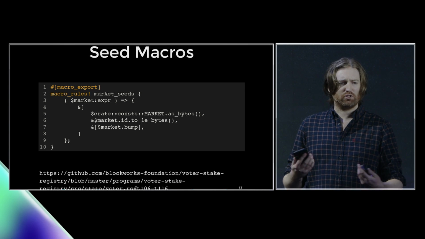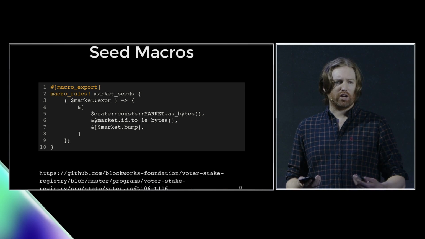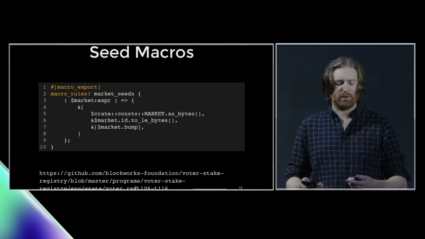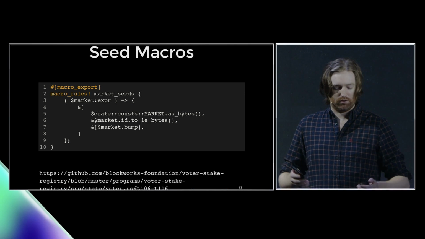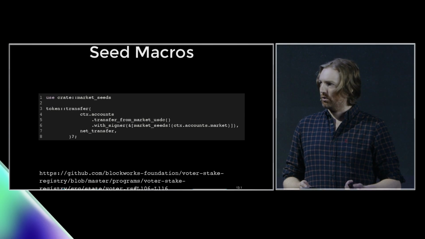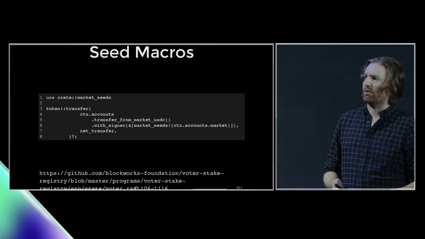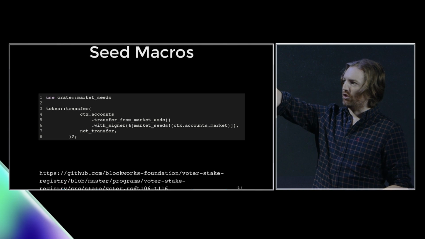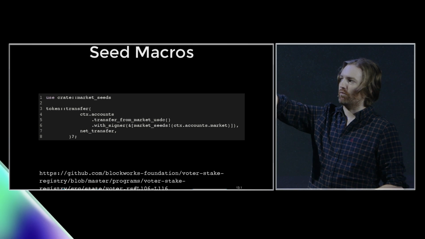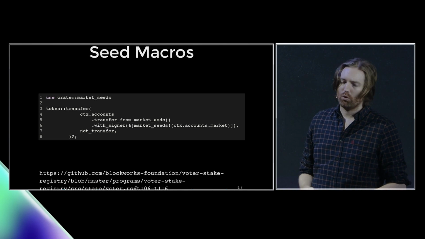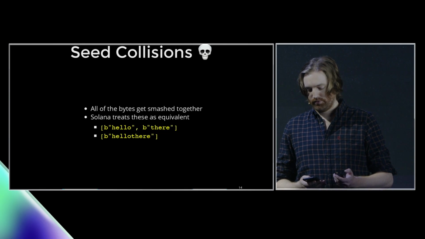It's the nicest one, because there's a lot of awkwardness if you're trying to make a function that will return the seeds because of how references, slice references and u8s work in Rust. So this is what it actually looks like when you call it: you've got your ctx.accounts, transfer, and then with signer, and then you invoke your macro with the market account.